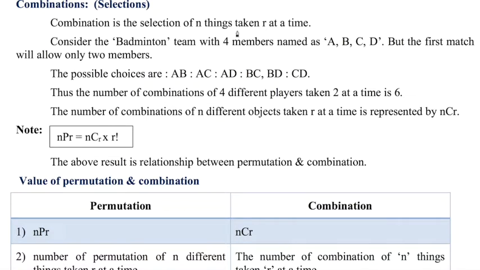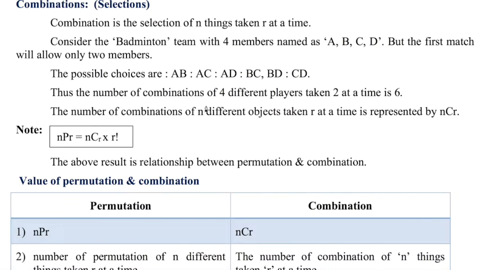Now combinations. Combination is the selection of n things taken r at a time. Consider the badminton team with 4 members named A, B, C, D, but the first match will allow only 2 members. So the possible choices are AB, AC, AD, that is 1, BC, BD, these are 2, CD. How many possible choices did you get? 6.